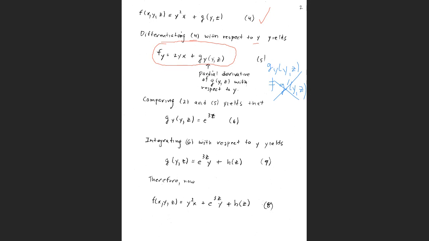G is a function of 2 variables. So if we're going to differentiate g with respect to y, we have a partial derivative of g with respect to y. So just be careful on your notation. Sometimes students will write g prime of y z, and that doesn't make sense. Now, if g were a function of y alone, then g prime of y would be okay.